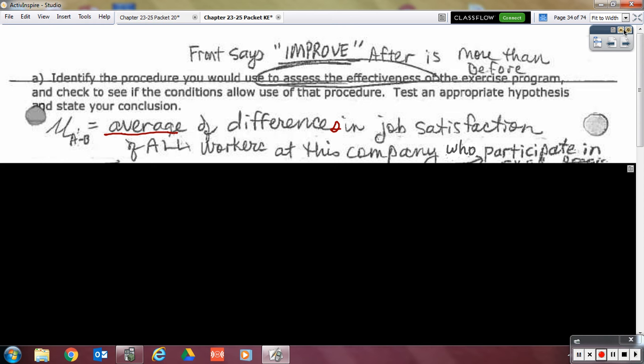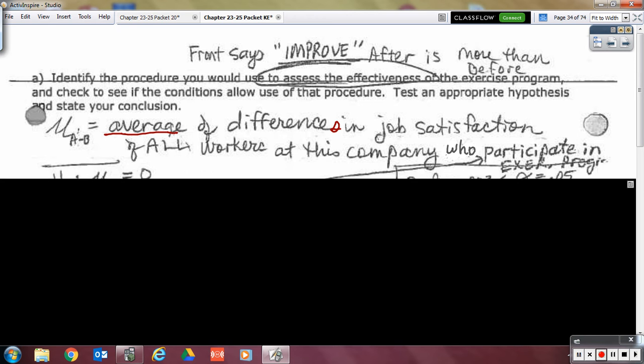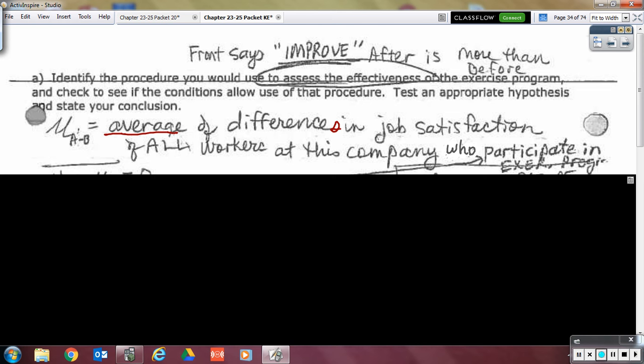So it's the average of the differences in that third column of job satisfaction of all workers at this company who participate in the exercise program.